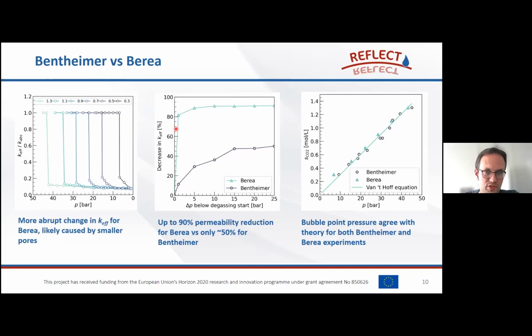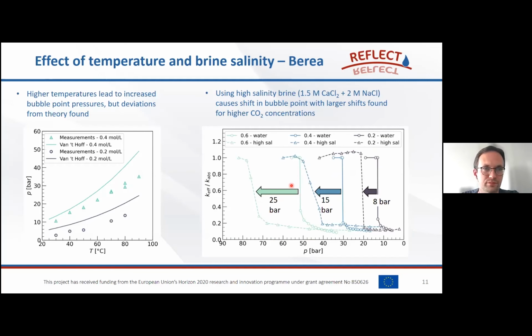So at just pressure slightly below the degassing pressure, you already get a reduction of the effective permeability of up to 90%, whereas for the Bentheimer you only find up to 50% reduction. But both the Bentheimer and the Berea agree with the van 't Hoff equation in terms of when the first degassing is found.